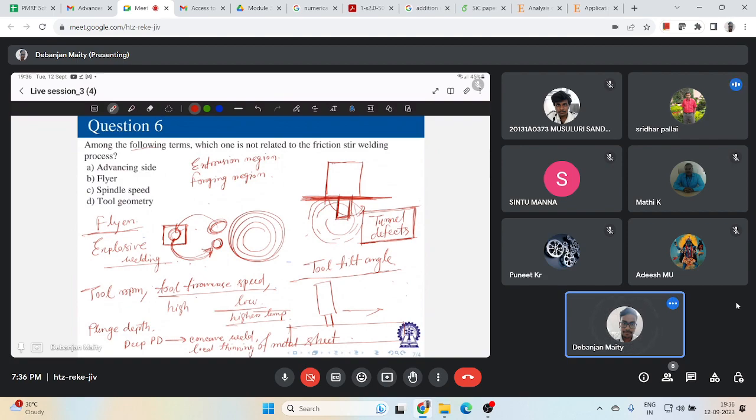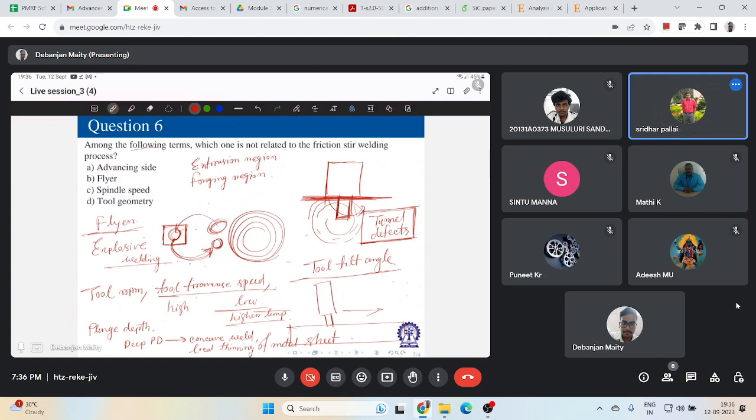But again, as this is a heavy duty operation because it is generating some axial thrust, the more the thickness, the more the hardness, the more will be the axial thrust, and the more will be the tool wear.